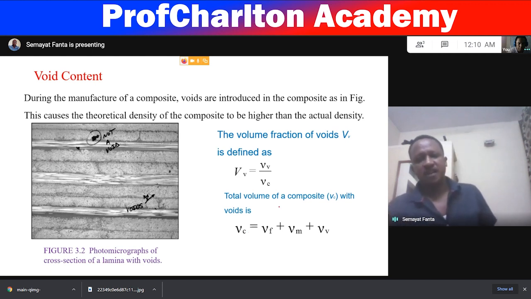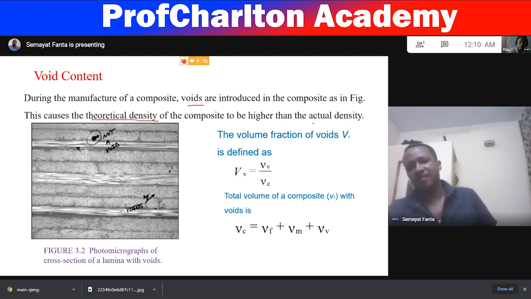So a void has an effect on the total strength of the material. During manufacturing, composites contain some voids, and this causes the theoretical density of the composite to be higher than the actual density.